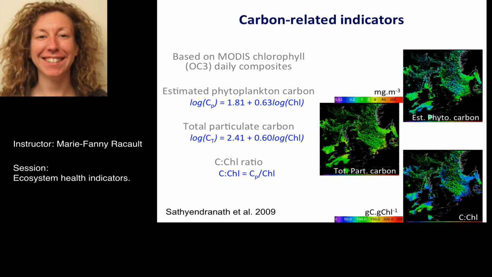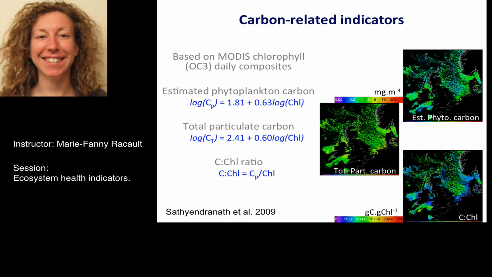And probably some of you already know, but a petagram of carbon per year is equivalent to 1 gigaton, 1 billion tons, and it's 10 to the power of 15 grams. So it's enormous, basically. And you get higher primary production at higher latitudes and lower primary production in the gyres.